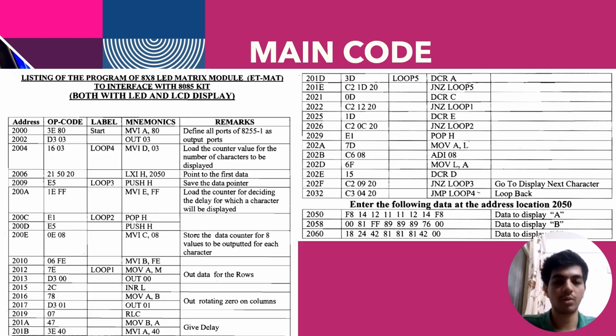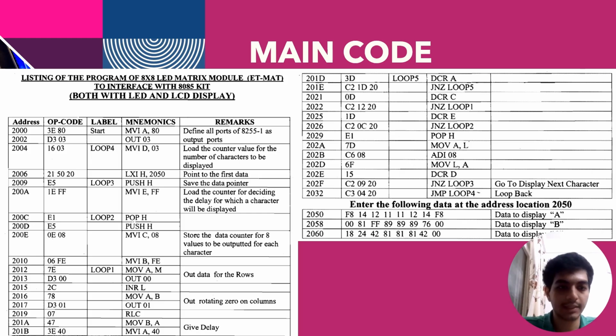So this was the code given in the lab manual. From address 2000 to 2032, which would be used to set up the experiment and the whole code for running the A, B, C, or say any characters we want to display.